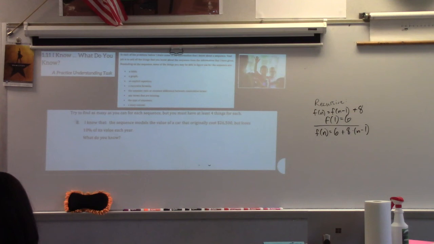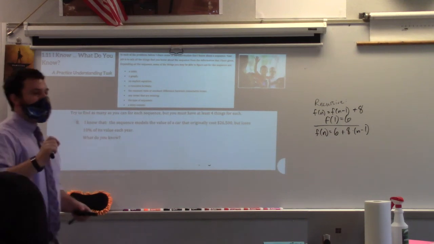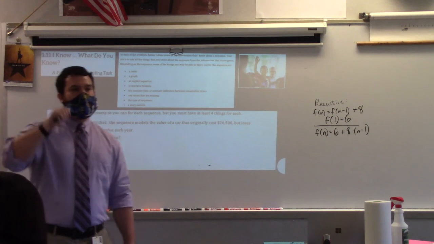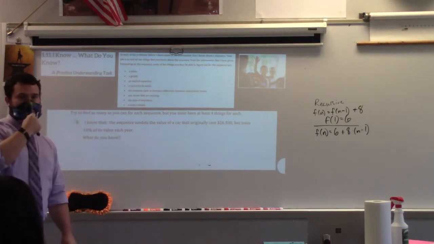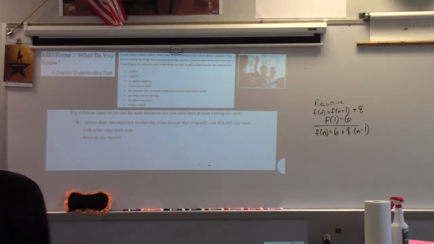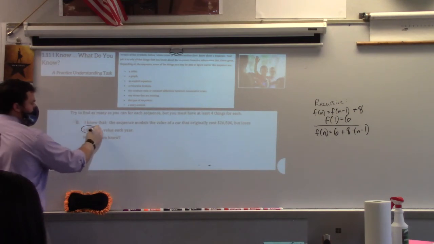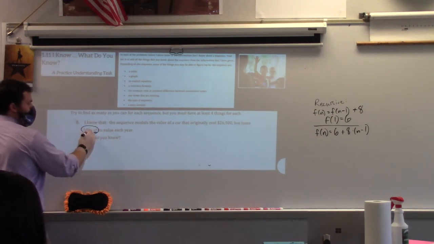Because number 8 is one that students regularly miss. The sequence models the value of a car that originally cost $26,500 but loses 10% of its value each year. Is this going to be geometric or arithmetic? That's geometric.